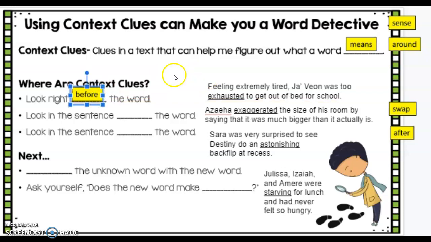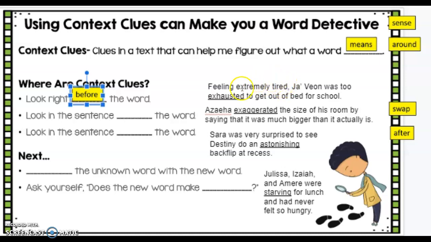So if we were to look before the word in this example, we would have feeling extremely tired. Javion was too exhausted to get out of bed for school. So we're trying to figure out, what does this underlined word exhausted mean? If we were to look before the word, we have feeling extremely tired.